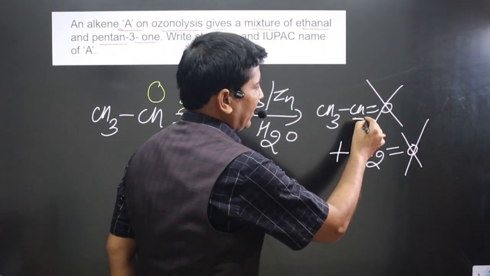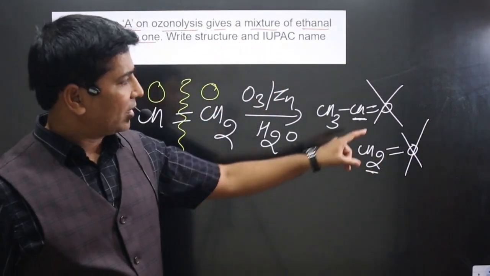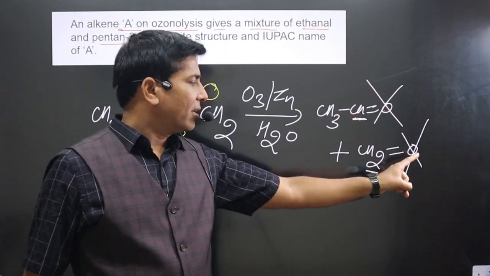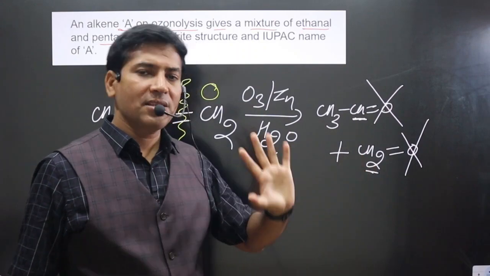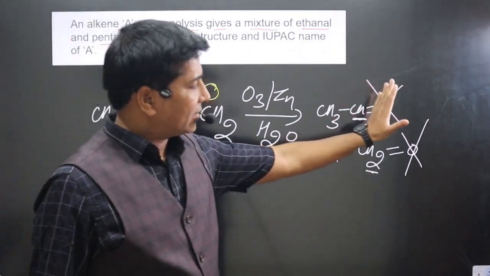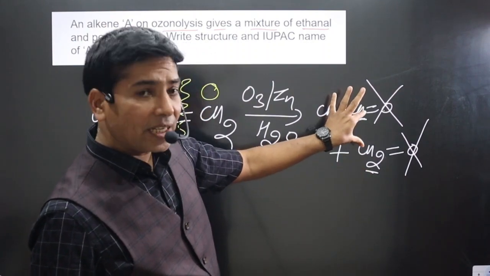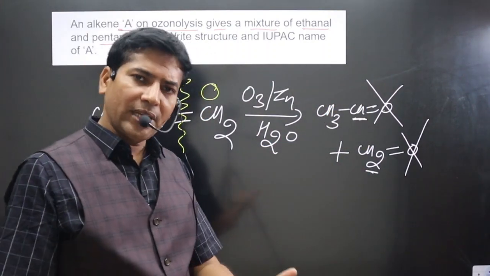Look here. I removed oxygen from this carbon in this compound and from this carbon in this compound. Oxygens are eliminated. Now this carbon and this carbon you can connect with a double bond. That is the reactant.